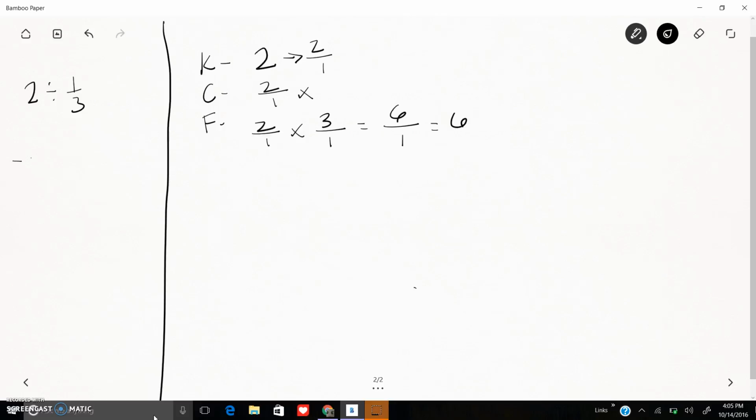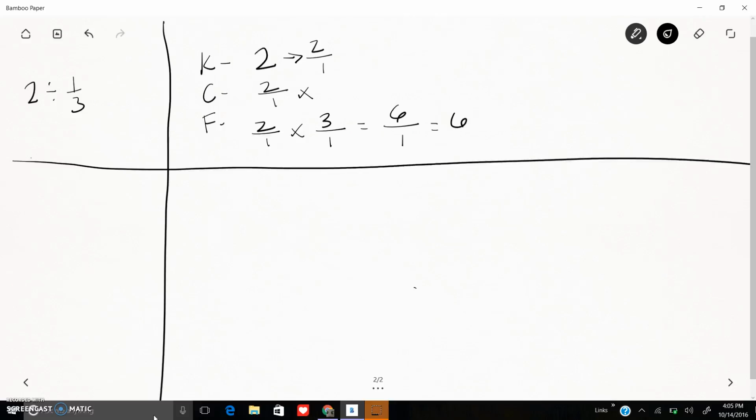Okay? Pretty easy, right? Let's do a fraction divided by a fraction. Same process applies. So if I have 1/2 divided by 1/3, I'm going to keep, change, flip, right? Keep 1/2 the same.